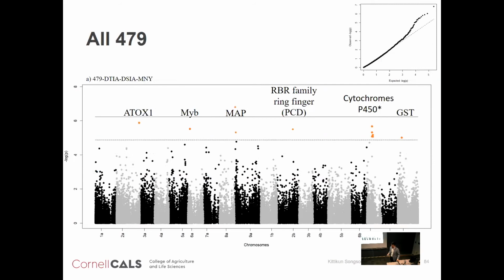Because I have 479 genotypes in the population, I subset them into many groups. The first one uses the whole thing, with the combination of the detached leaf, this leaf, and the maximum in New York State. I use the maximum value from the field evaluation, the most severe in the field, because none of the means from the field evaluation showed me significant GWAS results at all.